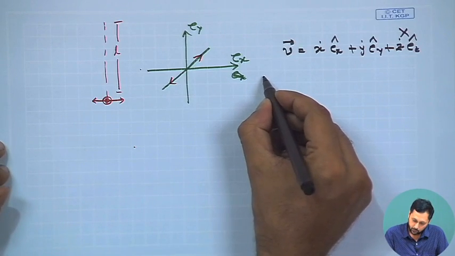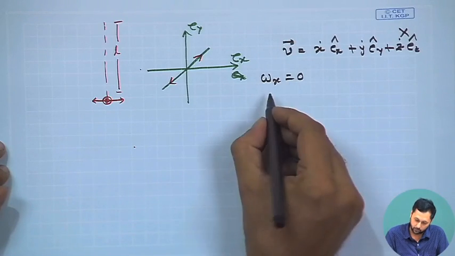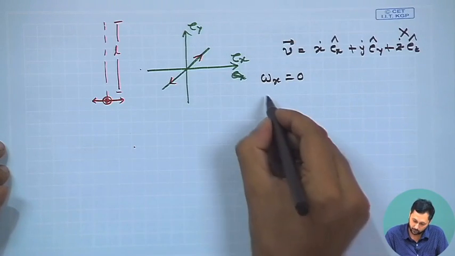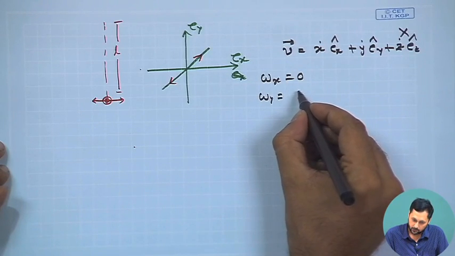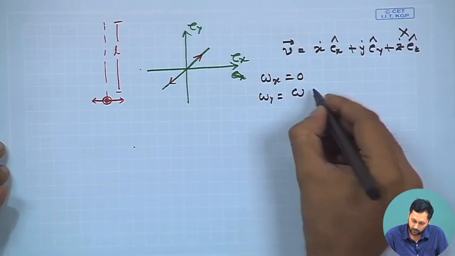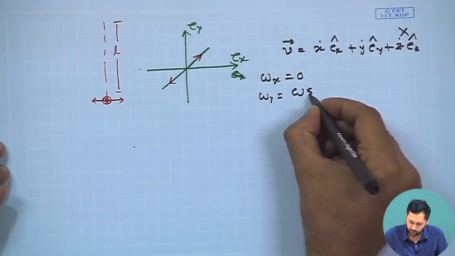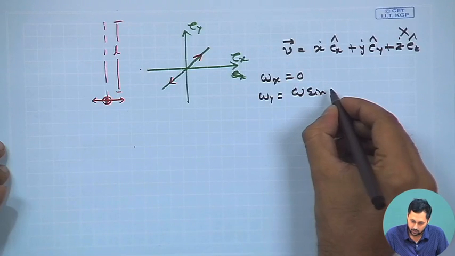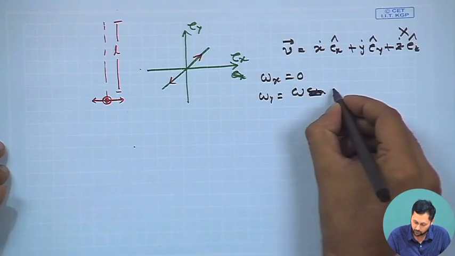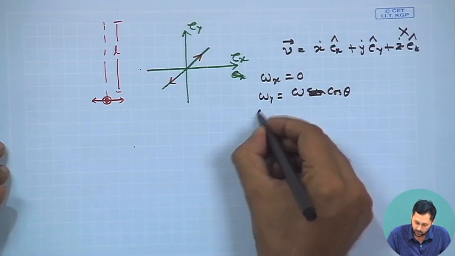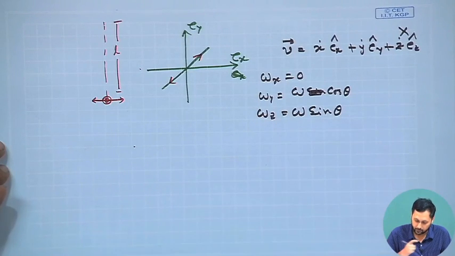Now, once again omega has 3 components: omega x equal to 0 in the current construction we are using, omega y is omega cos theta and omega z is omega sin theta, right.